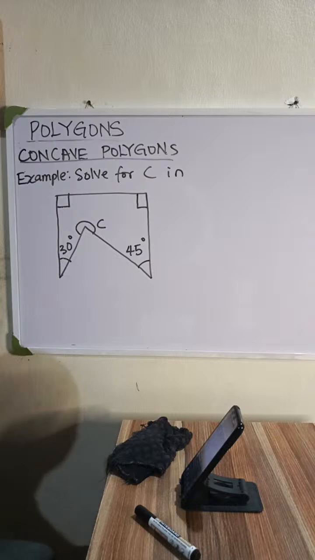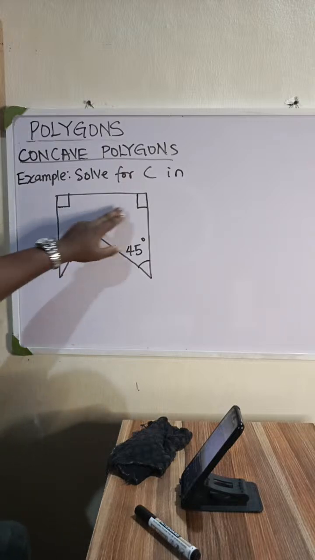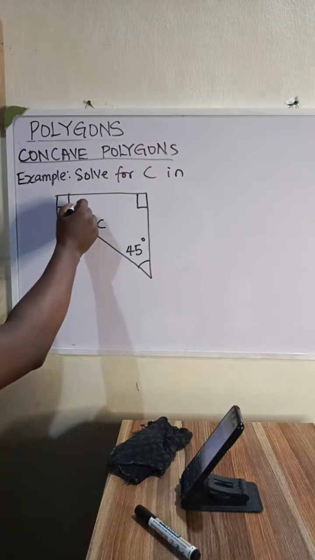If they are not missing, what are the angles? 90 degrees. So you might have a situation like this where you are not given these two angles. Always remember that those are 90 degrees. So we know them.